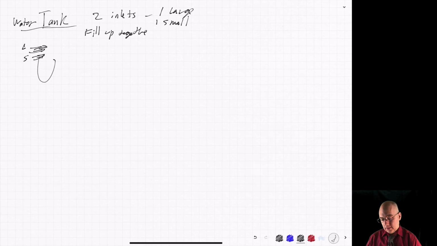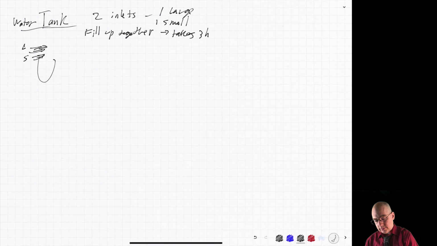Okay, so they fill up together, and it takes 3 hours to fill up the whole tank. Big tank.